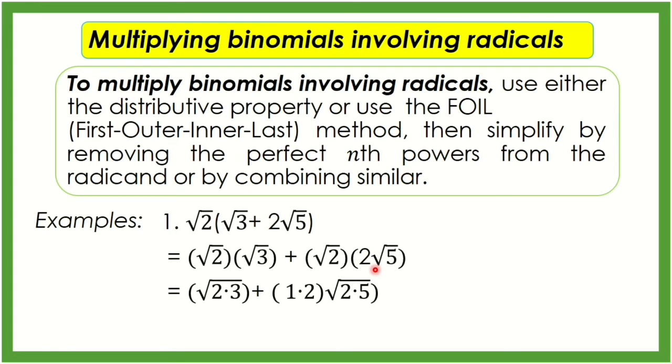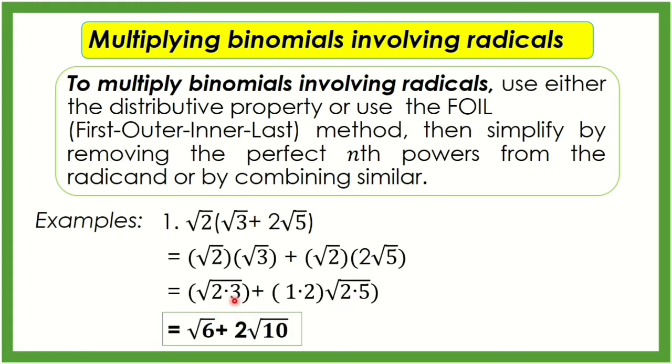Then, multiply natin yung square root of 2 and square root of 3. That is square root of 2 times 3. And then, ito naman, multiply natin yung coefficient 1 times 2. Kaya meron tayong 1 times 2. And then, multiply square root of 2 and square root of 5. That is square root of 2 times 5.